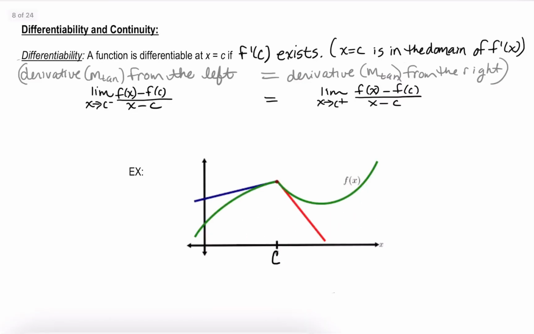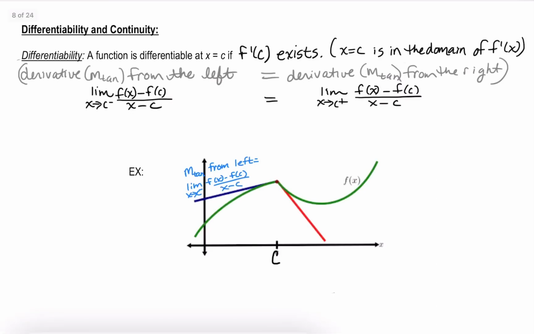So this is the slope of the tangent line from the left, written out properly: the limit as x approaches c from the left of f of x minus f of c over x minus c.